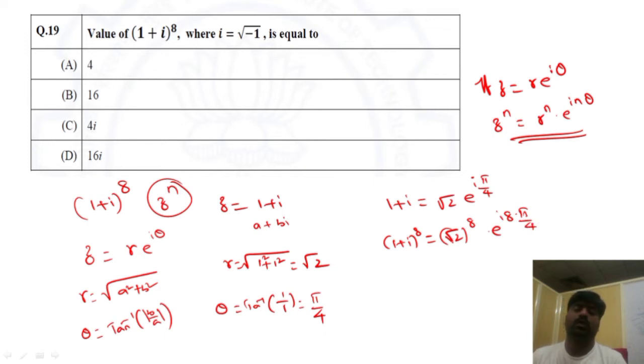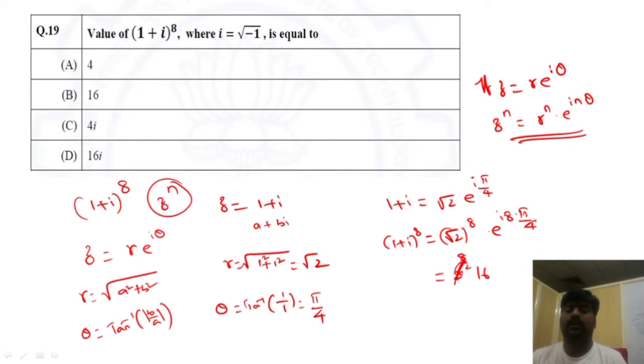Root 2 power 8 can be written as 2 power 8 by 2, which is 2 power 4, nothing but 16.